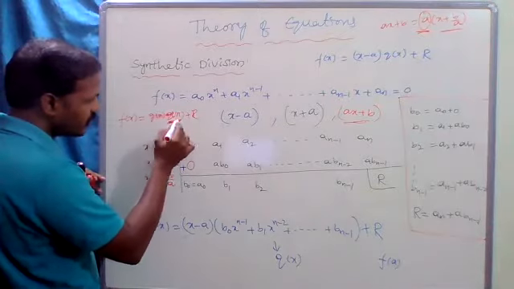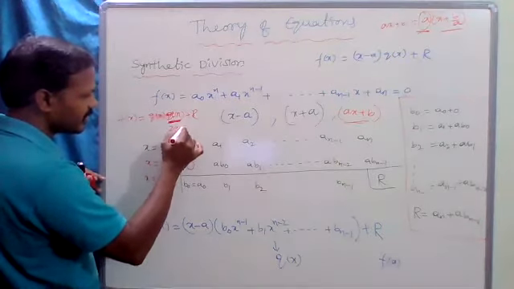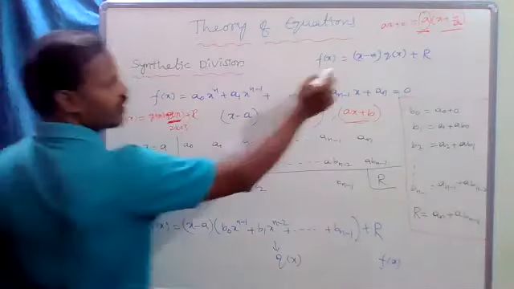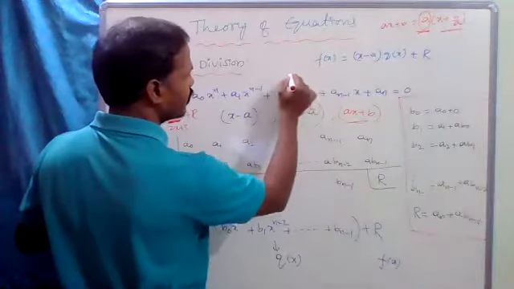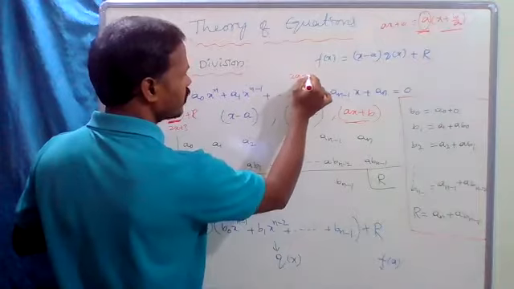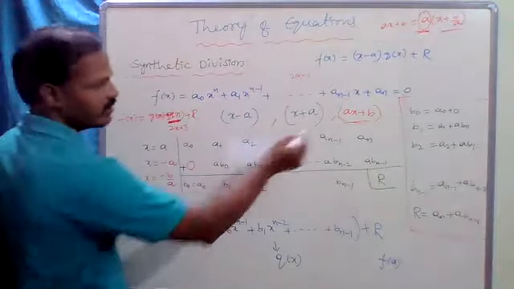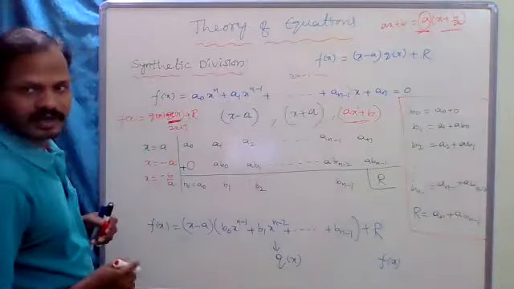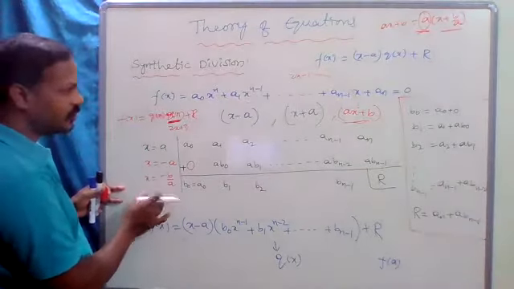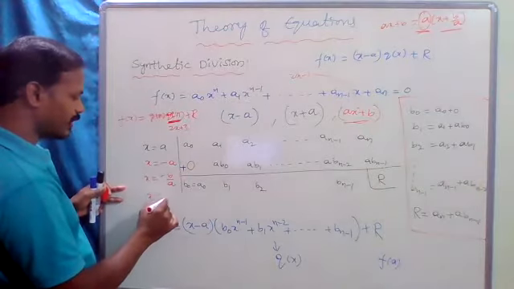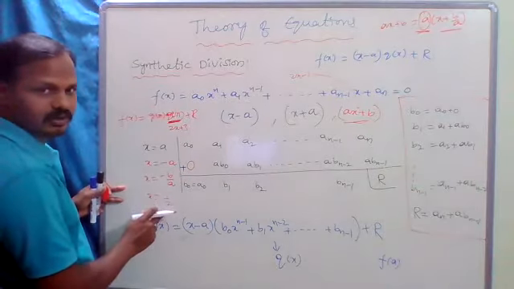Suppose this q of x is, for example, 2x plus 3. Now I am giving this divisor as, for example, 2x minus 1. This ax plus b is 2x minus 1. So while solving this problem, what will you take? x equal to 1 by 2. We take x equal to 1 by 2.